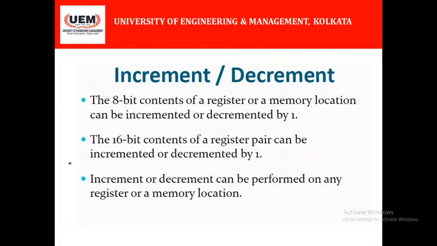Now next we have increment or decrement. In case of increment and decrement, the 8-bit contents of a register or a memory location can be incremented or decremented by 1.